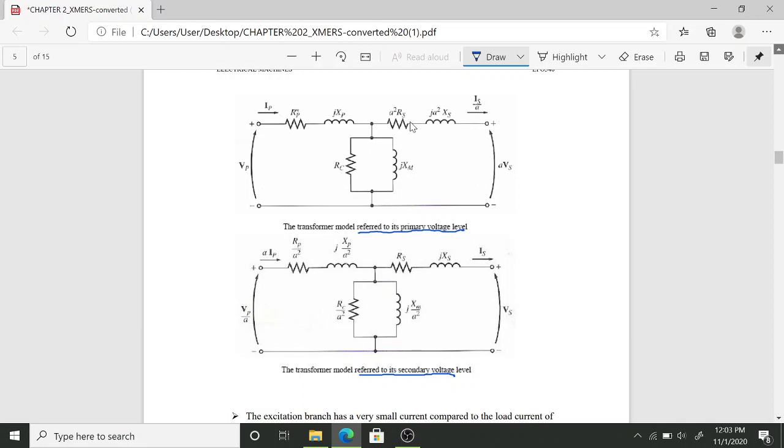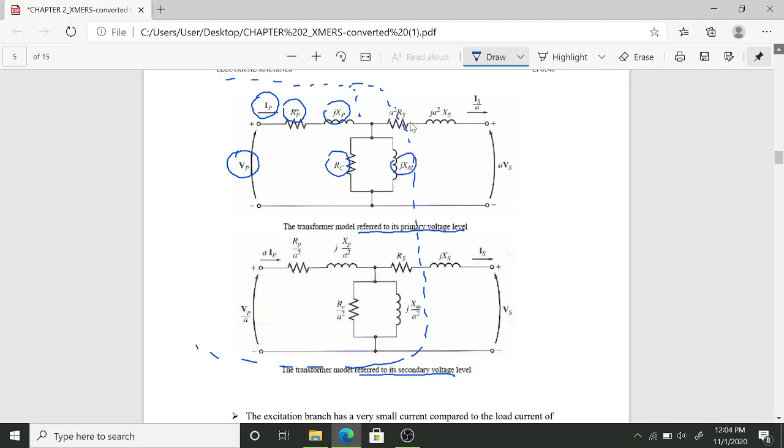If you look at the primary side, for the model referred to the primary voltage, this one is maintained as VP, and this one is maintained as IP, and also this one is maintained as RP and XP, and it also goes to the RC and XM.